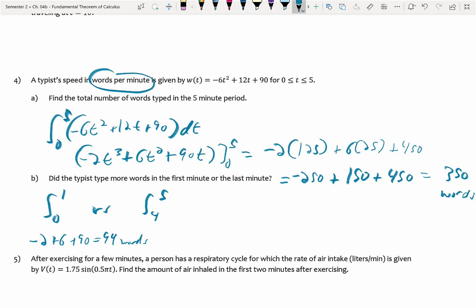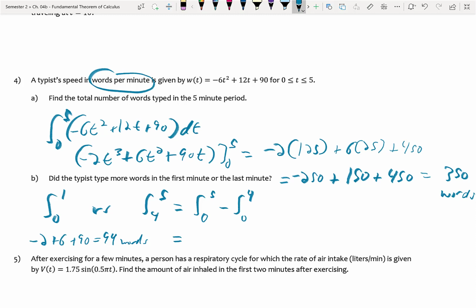And the integral from 4 to 5 is, isn't that the same thing as the integral from 0 to 5 minus the integral from 0 to 4? Would that make sense? The total number of words from 0 to 5 minus the total number of words from 0 to 4.